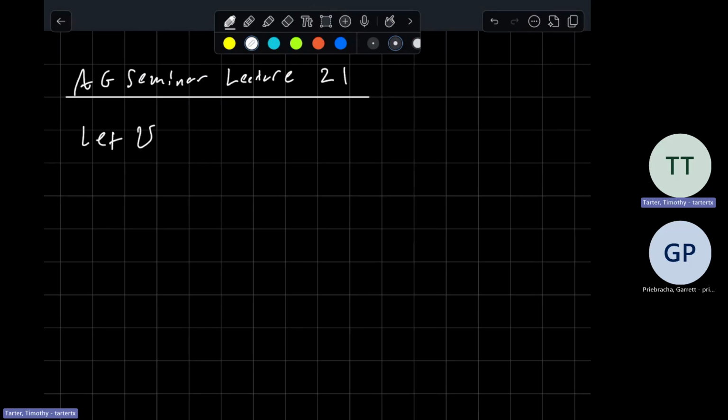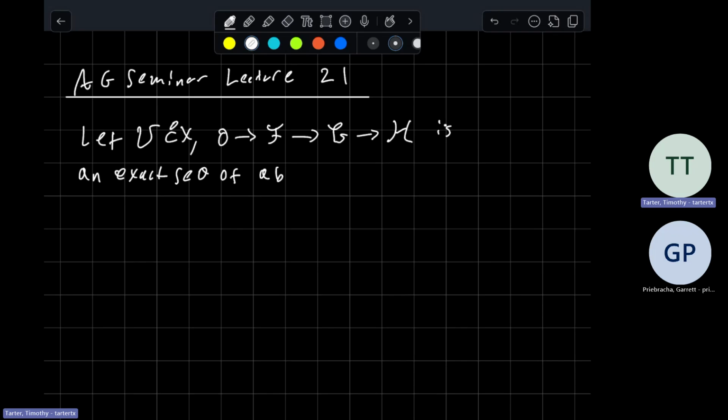So let U be open in X, and 0 into script F into script G into script H be an exact sequence of sheaves of abelian groups.